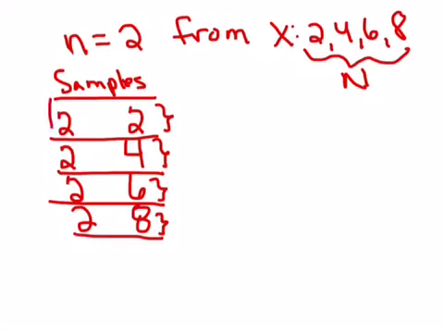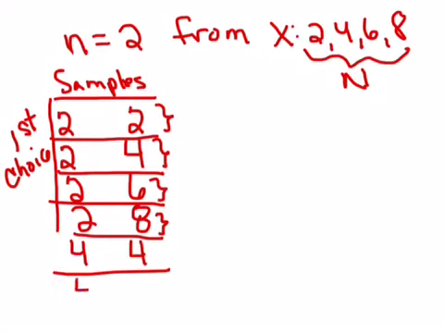That's why on your PowerPoint you'll notice that I have first choice, because I'm focusing on 2 as my first choice. But what if my first choice is 4? I have to account for that. So it could be 4, and I could choose 4 again, right? 4 and 2, 4 and 6, etc., etc., etc.